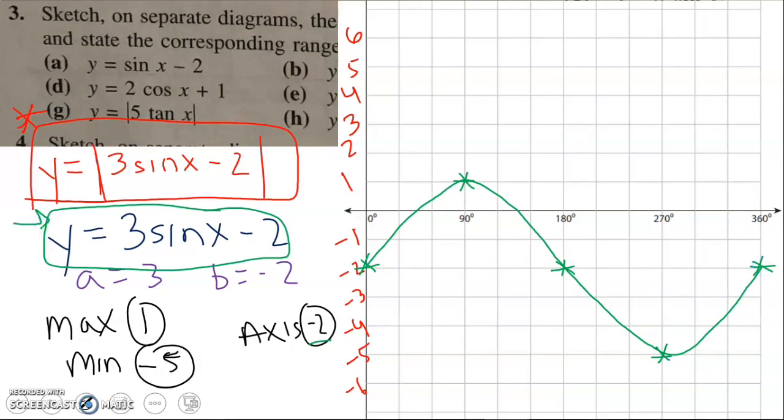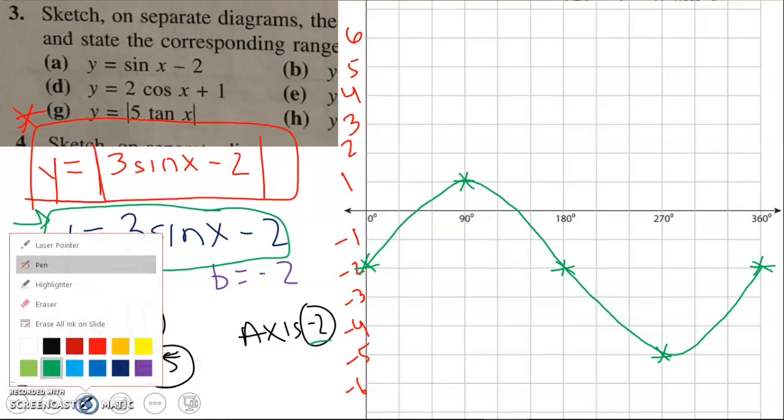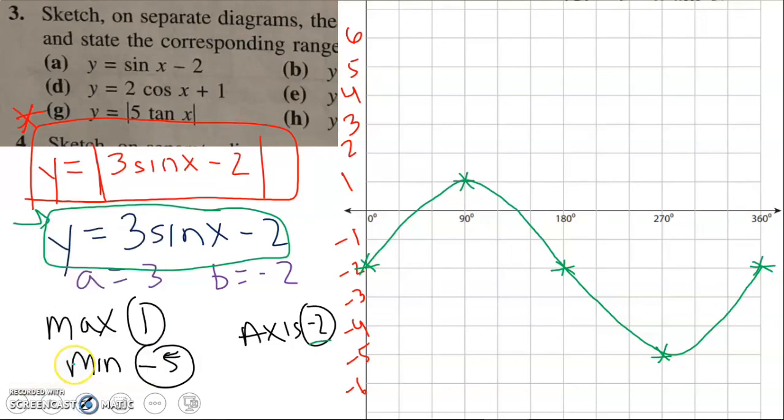Again, we need to apply absolute value now. So here's how we apply it. Since absolute value tells us anything below 0 has to reflect up, if you have something above 0, which I do, that's staying put. That's not going anywhere. I'm not going to change that one bit. However, I'm going to change this. This was a -2. It's going to turn into a +2. This was a -2 as well.